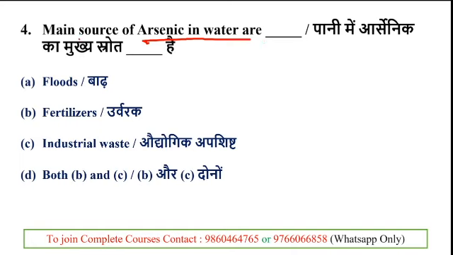Here the main source means the source related to the arsenic present in the water. Arsenic is an element present in drinking water and food that can cause cancer and skin problems.